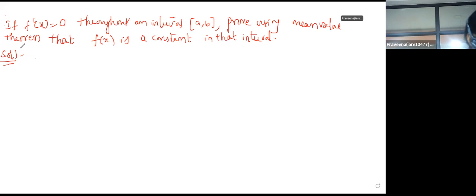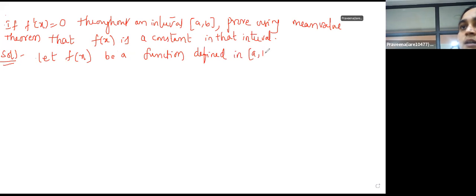Given that, let f of x be a function defined in closed interval a comma b, and let f dash of x be equal to 0 for all x in closed interval a comma b.